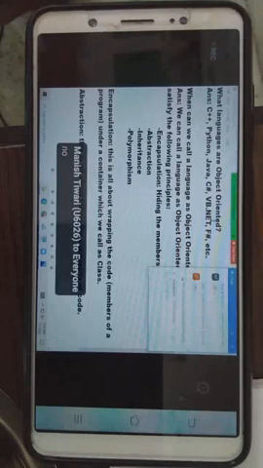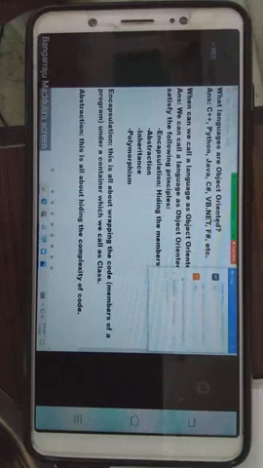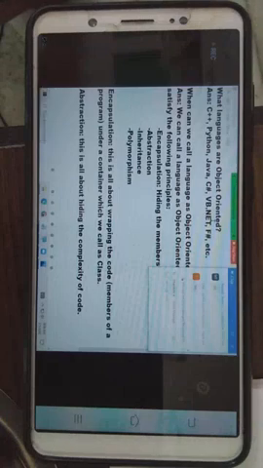Other people don't know. 99% of people really don't know how the mobile functions. What they know is the red button to cut the call, the green button to take the call. That's all.